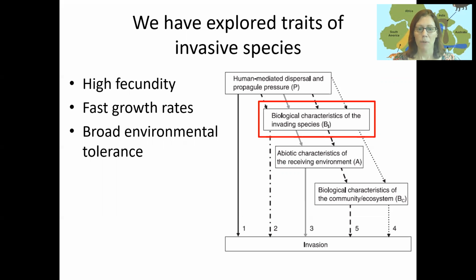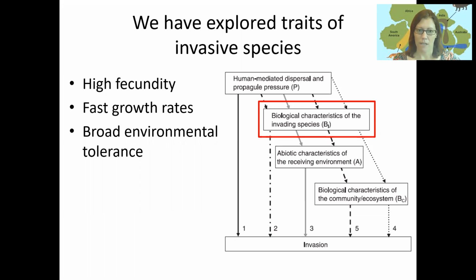So when we've talked about the biological characteristics of the invading species so far, we have thought in terms of those species traits, like how fast does it grow? How many offspring does it produce? How tolerant is it of different climatic conditions?